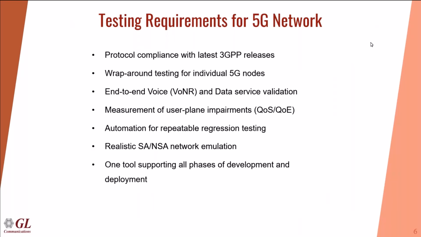This can be done in two different ways. One is we start with wraparound testing. In wraparound testing, a single network function is the device under test. All of its neighboring interfaces are emulated by MAPS, and the DUT connects to MAPS alone. The advantage of this approach is fine control and also visibility into the DUT's behavior.